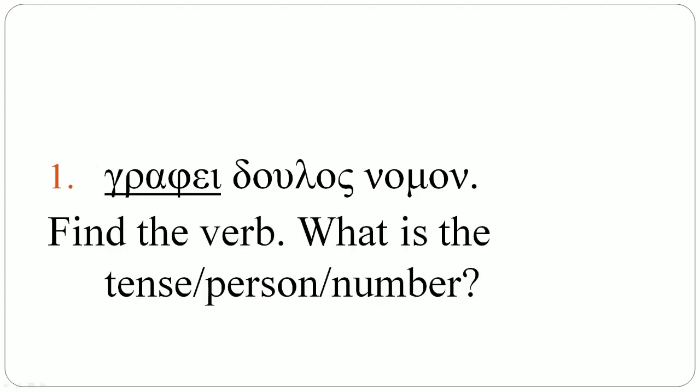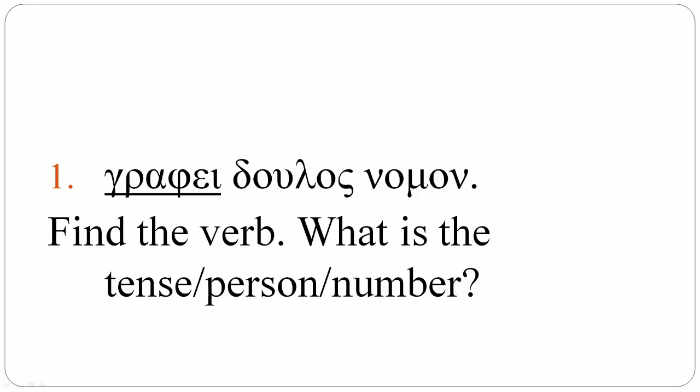The first thing to do when you come to a translation exercise like this, I have suggested, is find the verb. If you want to underline it, or highlight it, somehow show that you have found what the verb is. Now, what is the tense, person, and number of that verb? I do not see a sigma on the end of the stem, no amalgamation change there, just graph.